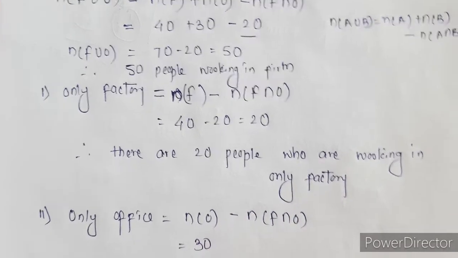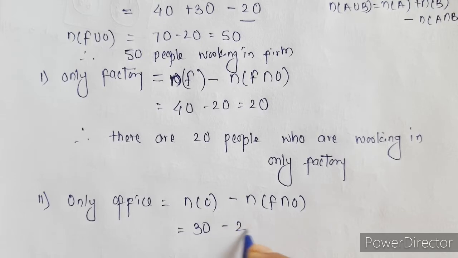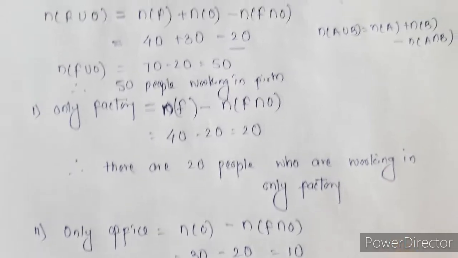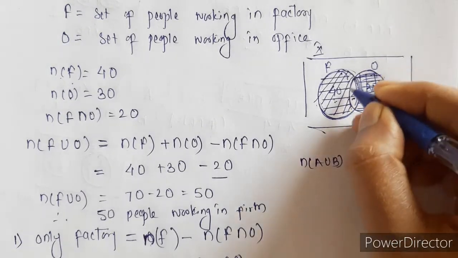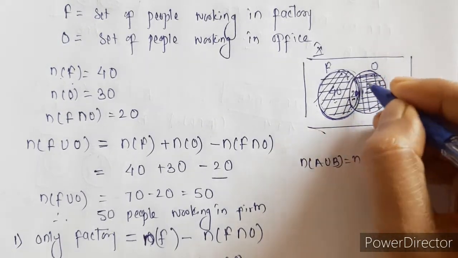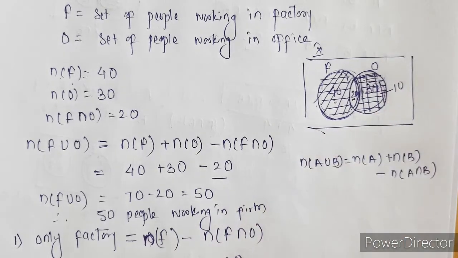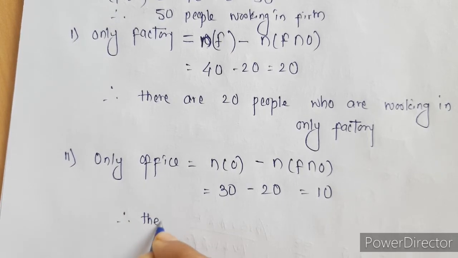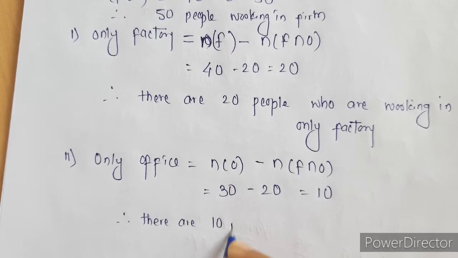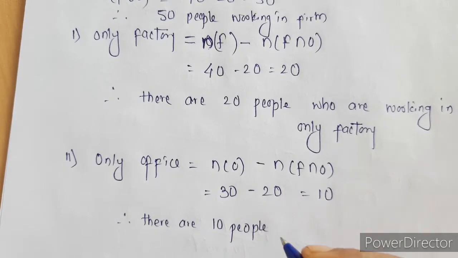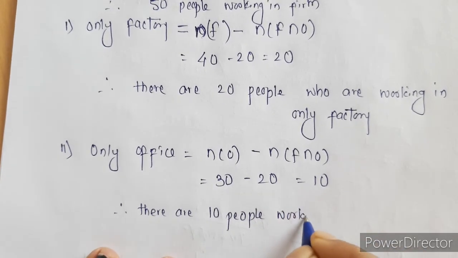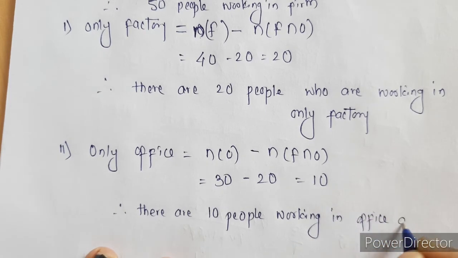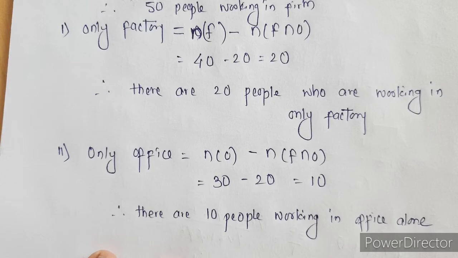There are 30 people working in office, and 20 people in the intersection who are working in both. So out of 30, if I subtract this part, the remaining will be only 10. So there are 10 people working in office alone, or only in office.